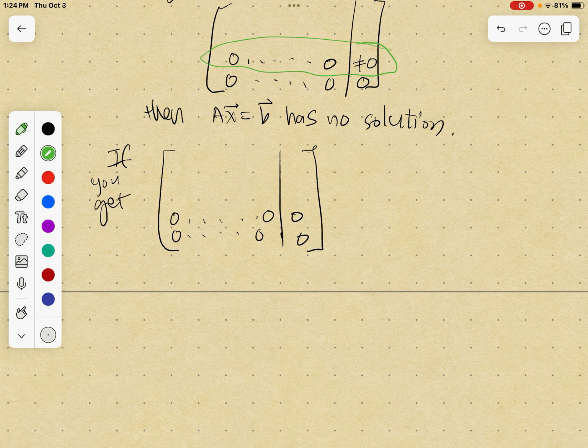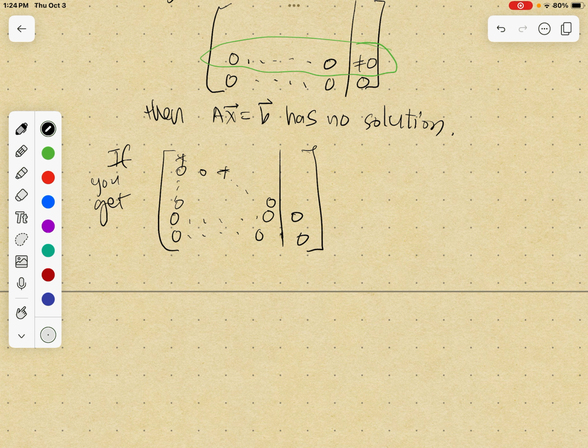You're going to get a bunch of zero rows, and then pivot entries, and then zeros. The echelon form might have a pivot here, and then a pivot here, and then maybe a zero, and then something. Let's make that clearer.